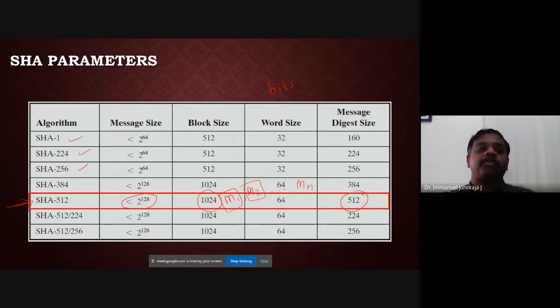Then during the processing, the message blocks are divided into words. The words here are 64 bits in size. So this is the processing word size, and the final outcome will be 512 bits. So SHA-512 processes the message in blocks of 1024 bits, and then produces an output of a fixed size of 512 bits.